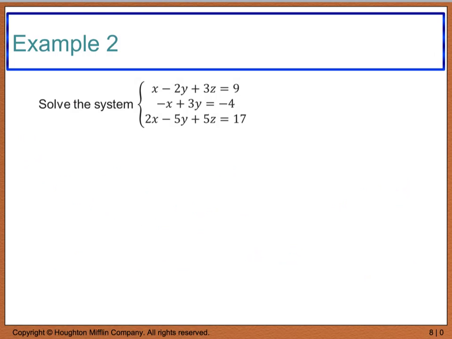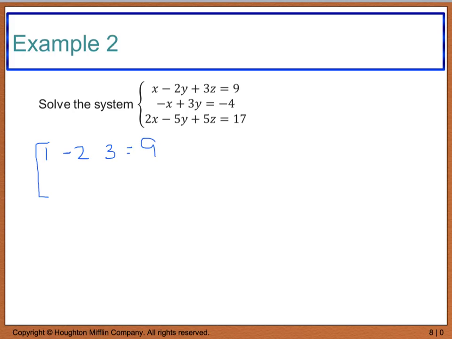So let's go ahead and look at example 2. The first thing we want to do is put this in an augmented matrix. Remember, an augmented matrix means I'm going to take my coefficients. So I have 1 for x, -2 for y, 3 for z, and we're going to do our dotted line, and then my constant of 9.